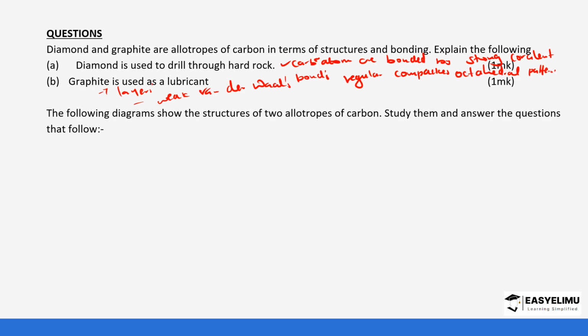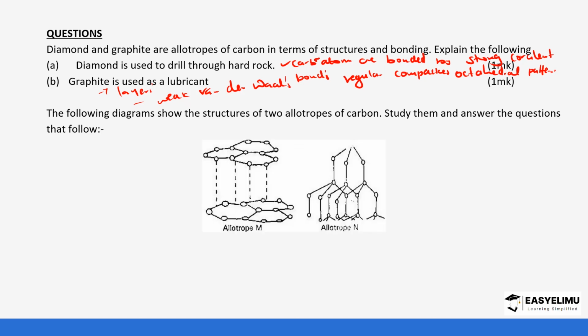The following diagrams show the structure of two allotropes of carbon. Study them and answer the questions that follow. So we can see allotrope M and N. We know that allotrope M from the structure is graphite and allotrope N is diamond. So name allotrope M and N, we have done that.